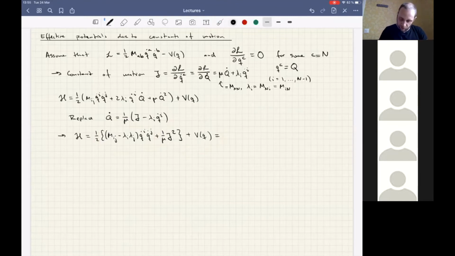So this is equal to 1/2 Mij Q dot I Q dot J plus the effective potential, which depends on Q. And here Mij is then Mij minus lambda I lambda J, while the effective potential, well, that's the original potential V of Q plus J squared over 2 mu.